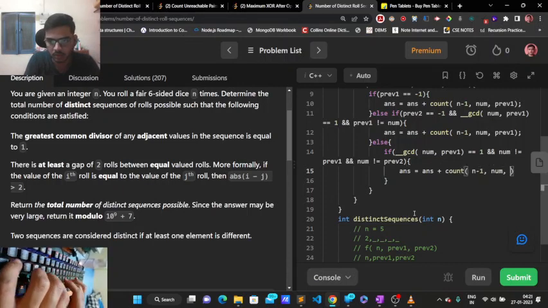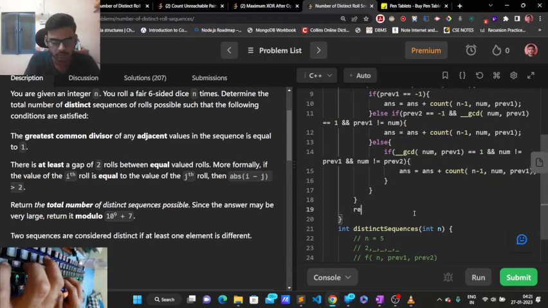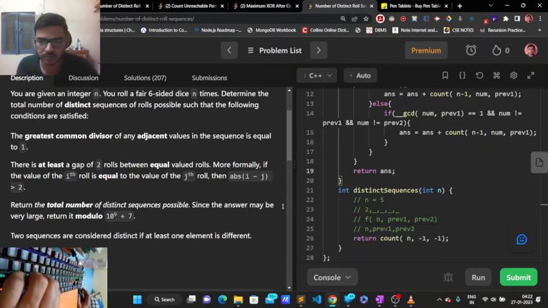Then we recurse with n minus 1, num and PRV1. And finally we will return the answer.